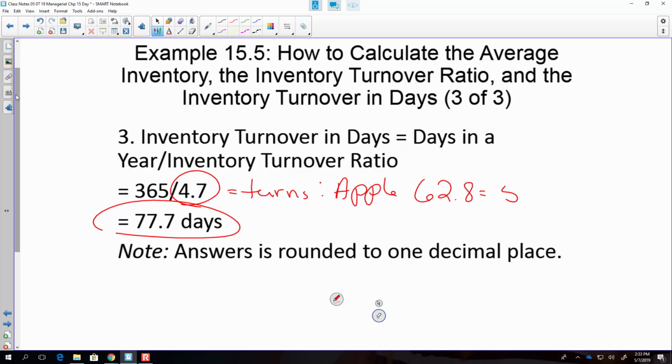That's roughly every 5 days an iPhone flies off the shelf. So huge, quick turnover on those Apple sales. It varies wildly by industry. The bigger the number the better, so 77 days is really kind of slow. 5 days would be better than 77, obviously.